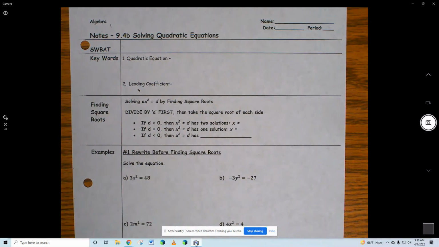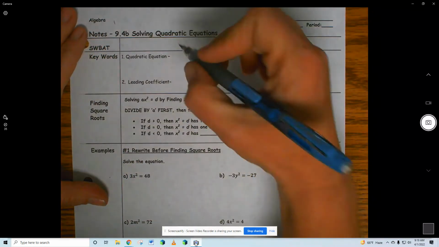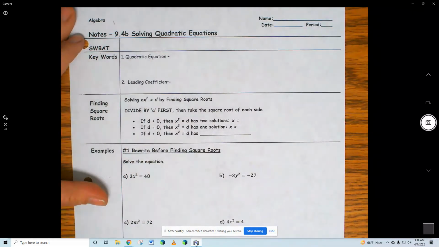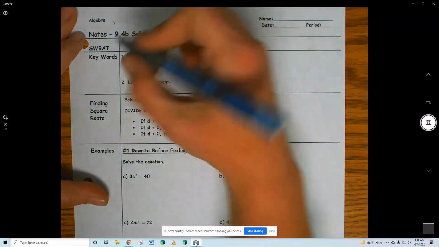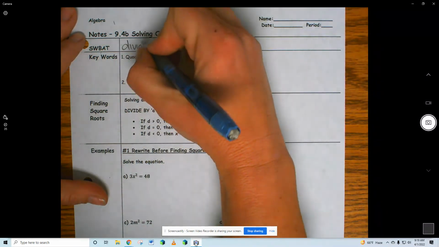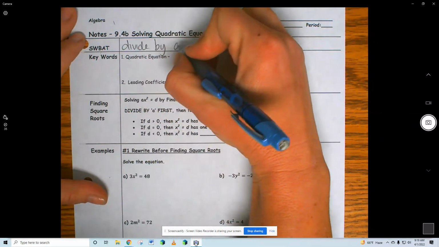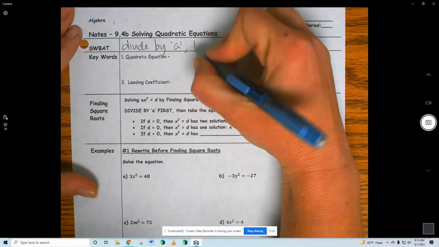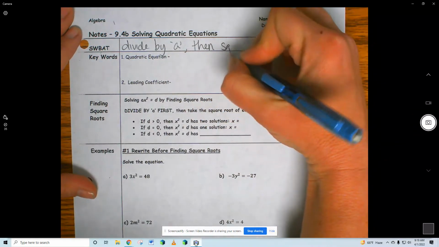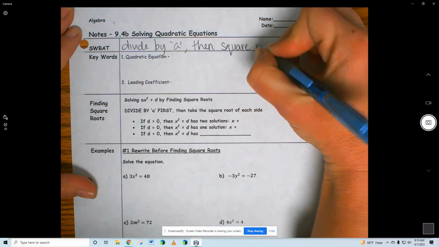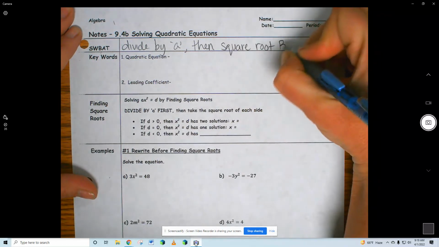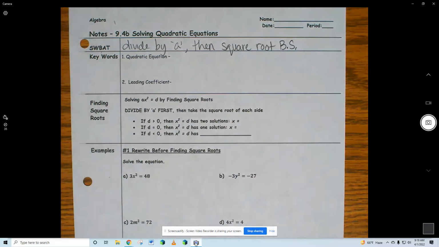So the quadratic equation, just real quick, I'll write students will be able to, our goal for the day: divide by a, then square root both sides.